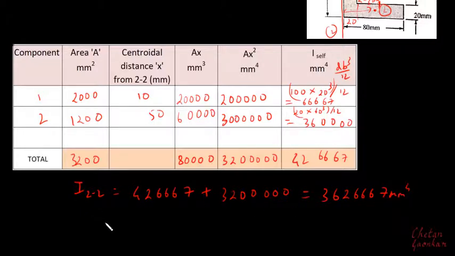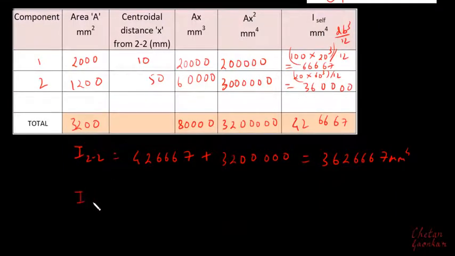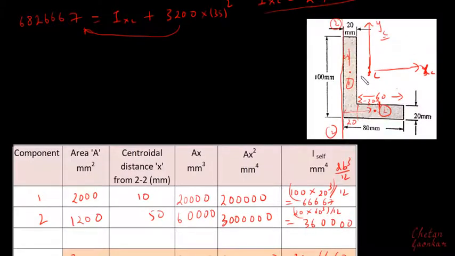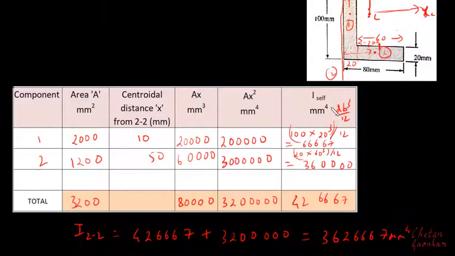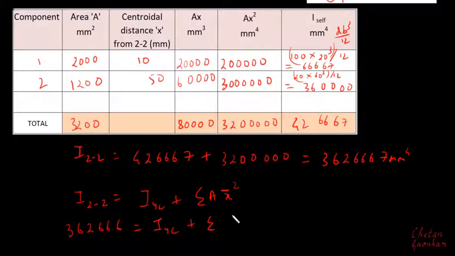Then if I want to find out the moment of inertia about the y-axis passing through centroid, again I need to use parallel axis theorem, and that will be I22, that is the moment of inertia about this reference axis 2-2, equal to IYC plus summation of area multiplied by x bar square. So I22 is the value which we already know. IYC is the value which I need to find, plus summation of area is 3200 multiplied by x bar square.